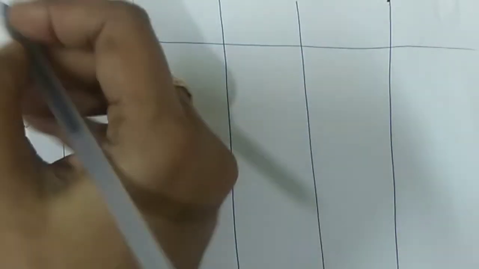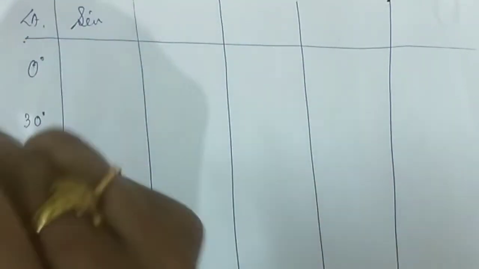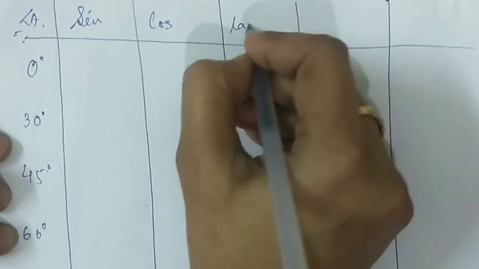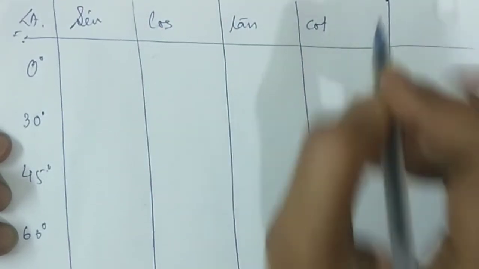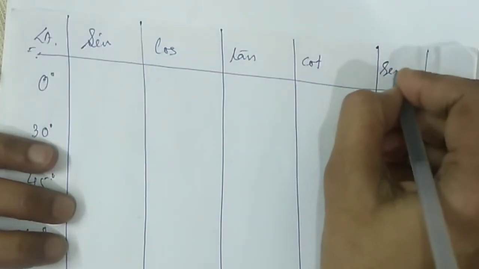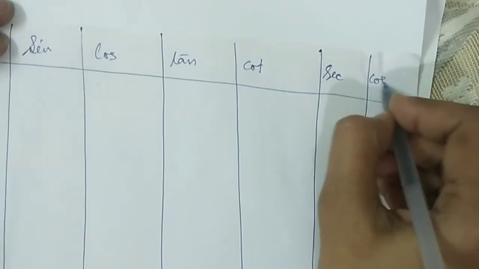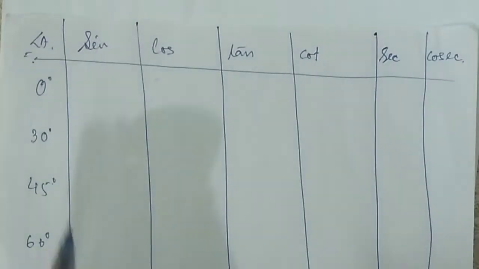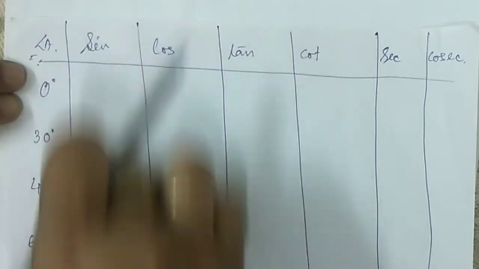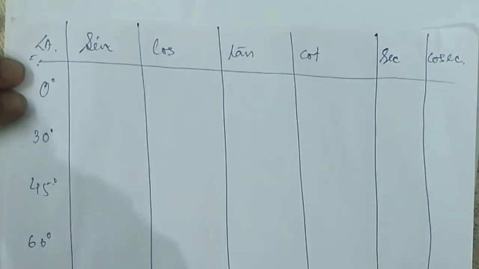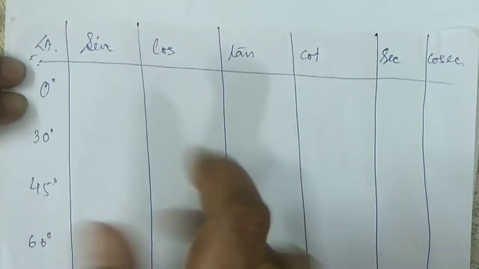Here is sine, it can be considered as an angle A, sine, cos, tan, cot, sec, and here it is cosec. Now if you learn at least one ratio's values, the others will come out automatically.